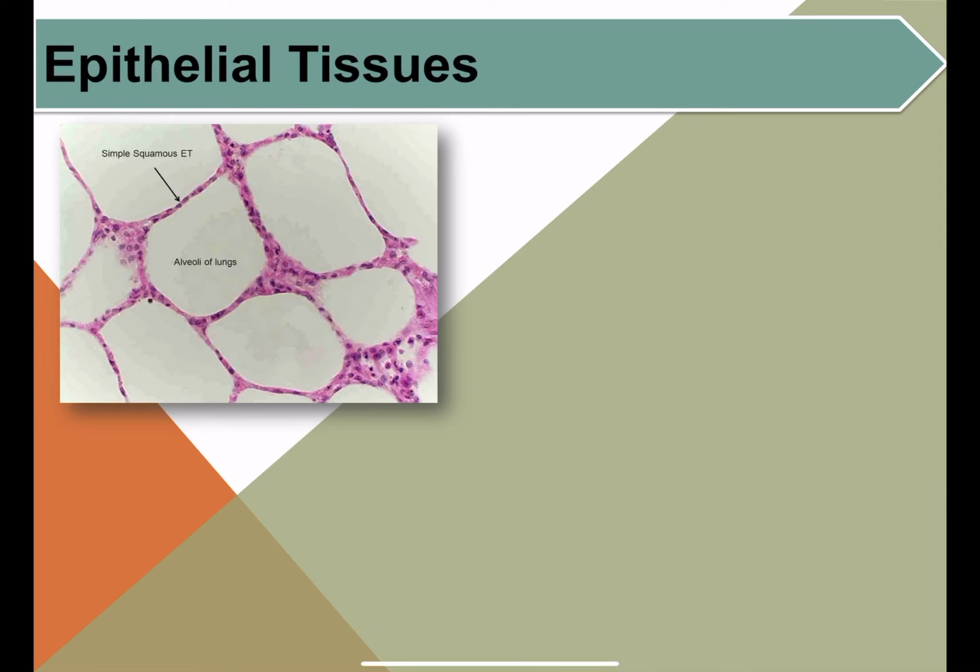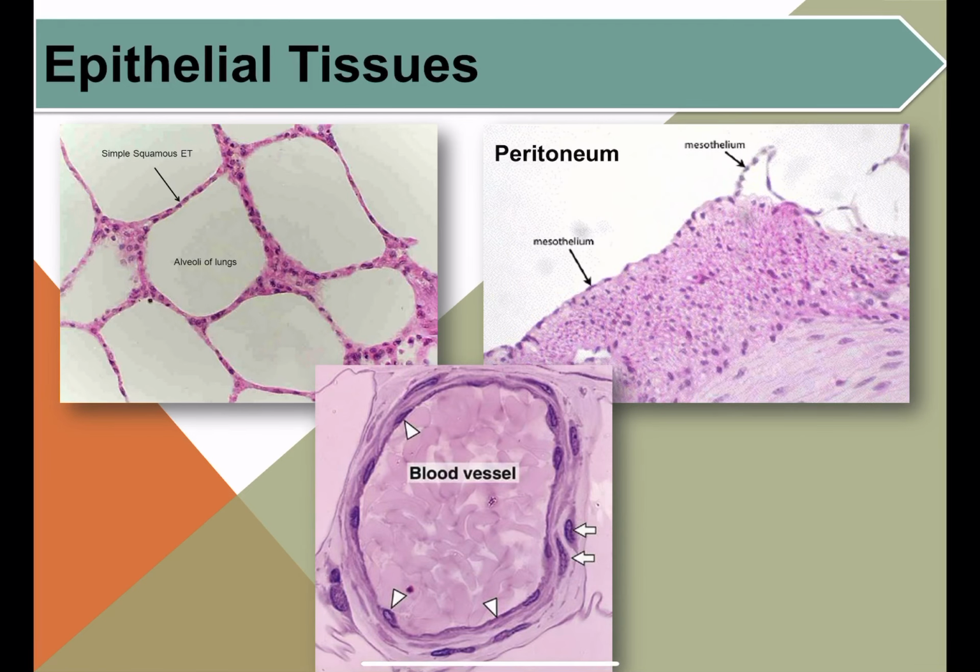For the lab on classification of tissues, you will have to be able to identify different types and kinds of tissue by histology pictures and the organs they are from. For example, the type of tissue for all three of these pictures is epithelial tissue.